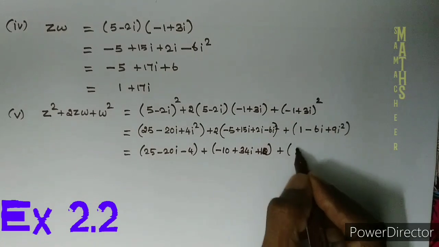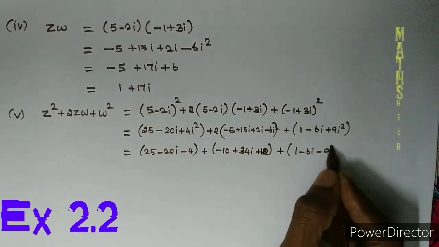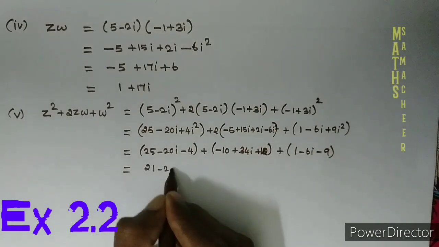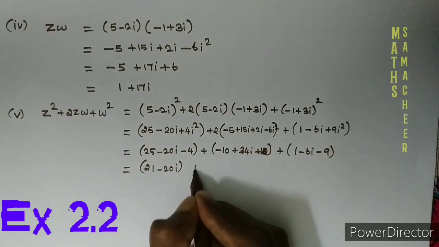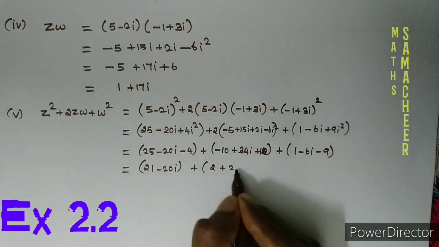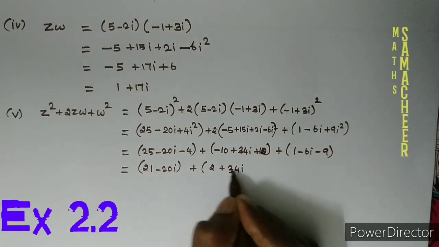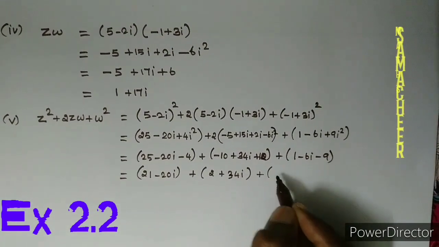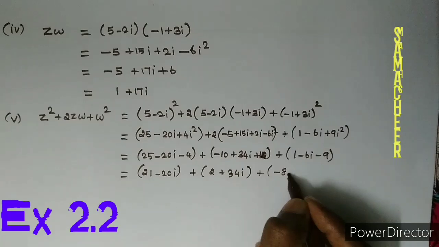The last one, 1 minus 6i minus 9. Therefore 25 minus 4, that is 21, minus 20i, plus 2, that is minus 10 plus 12, that is 2 plus 34i, plus 1 minus 9, that is minus 8 minus 6i.